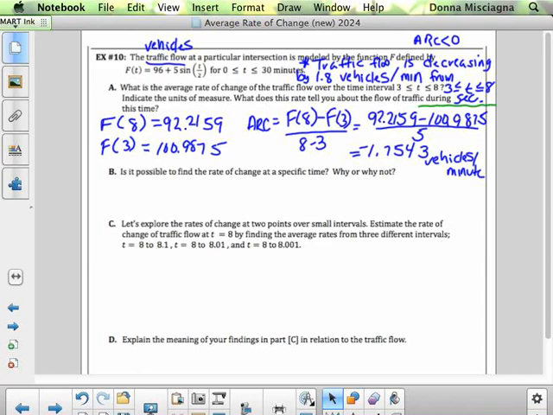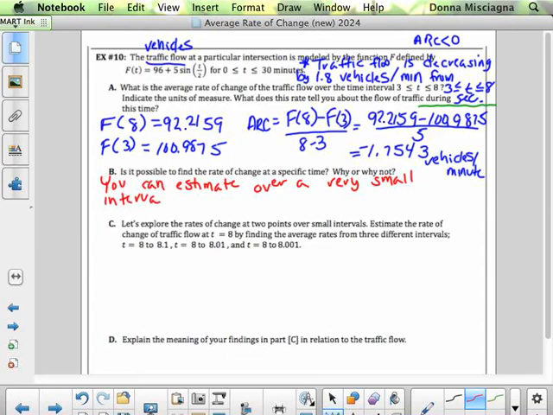If you think back to that last question, you can estimate over a very small interval to approximate the exact, I'm going to put average rate of change, right?